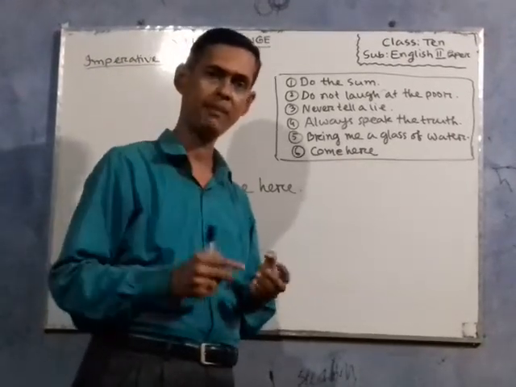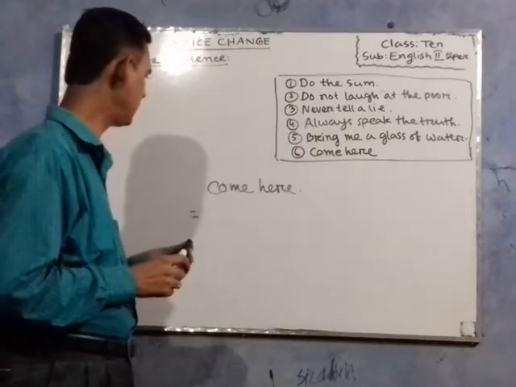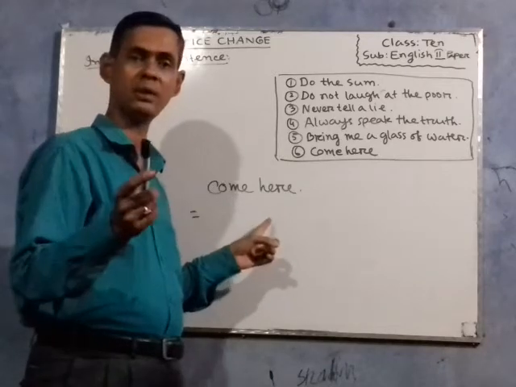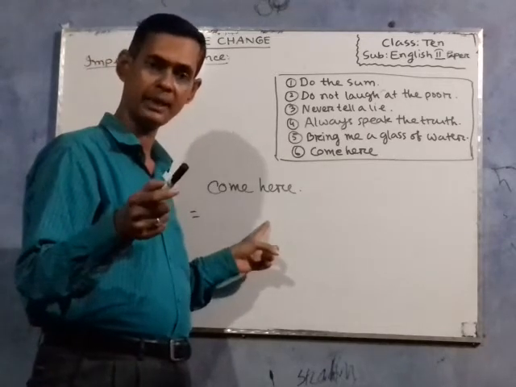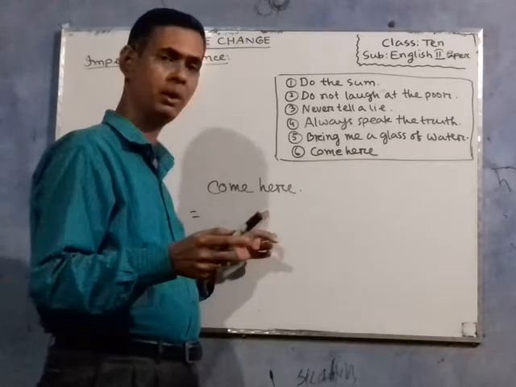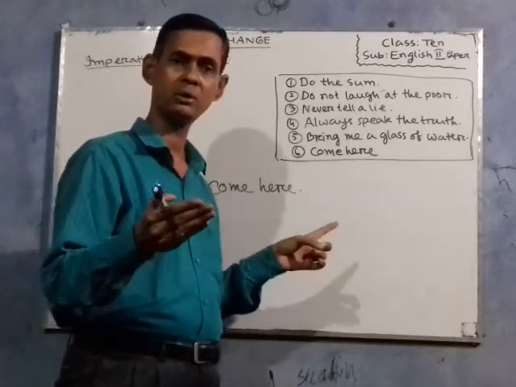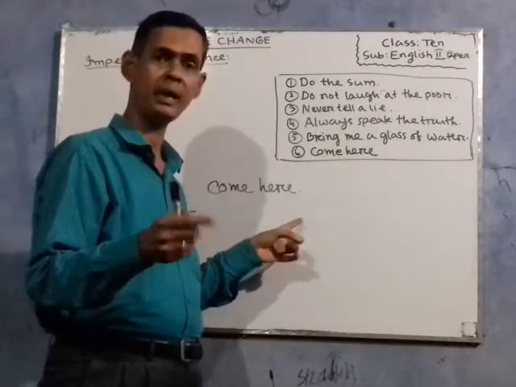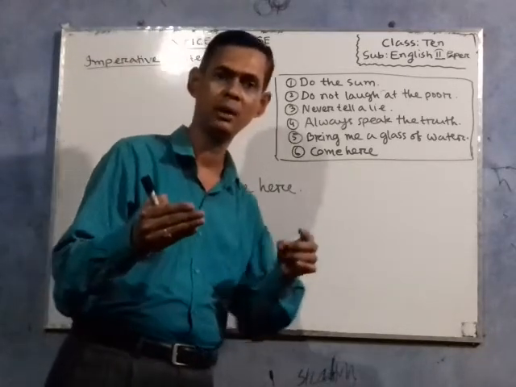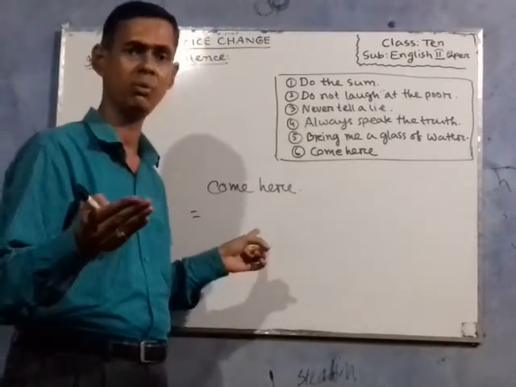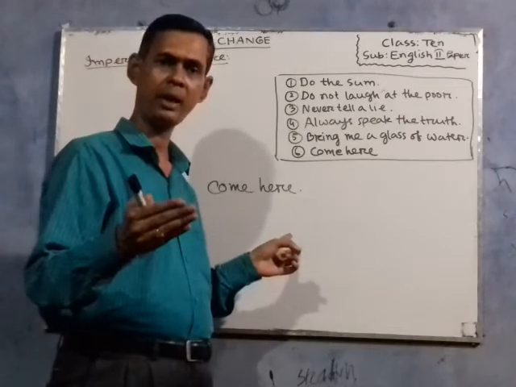You should remember that if the sentence denotes request, you have to write "you are requested to". If the sentence denotes order, you have to write "you are ordered to". And if the sentence denotes advice, you have to write "you are advised to".